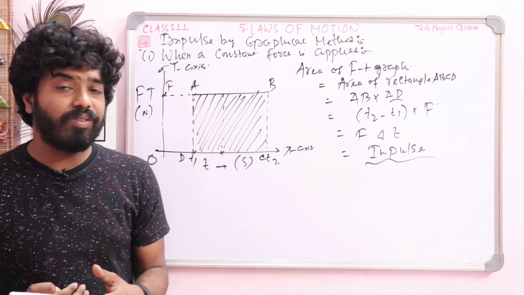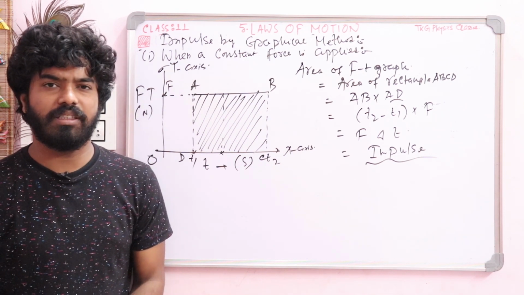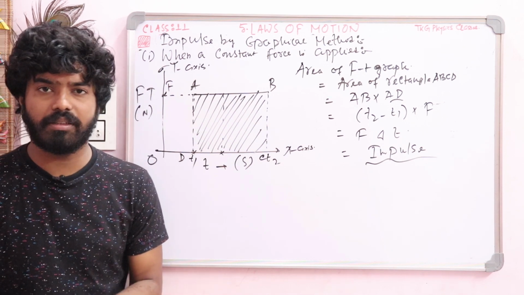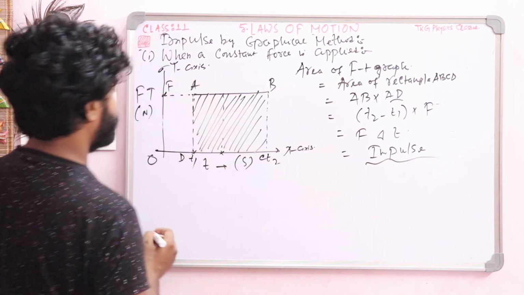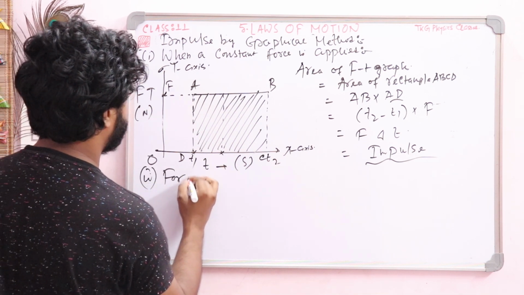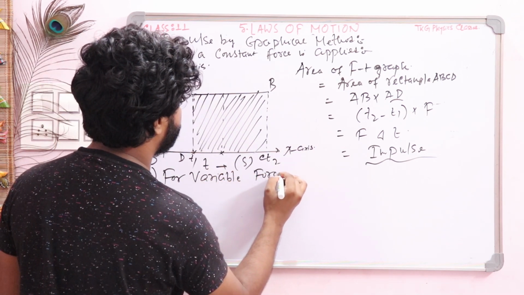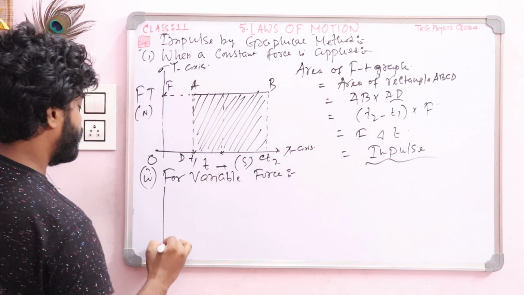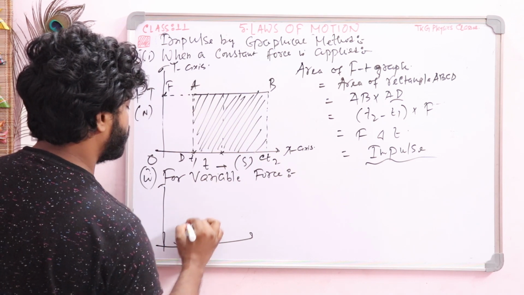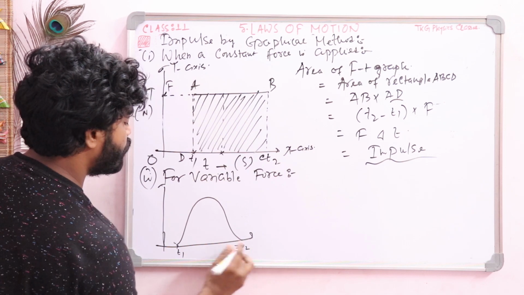Now the question is, when a variable force is applied on a body, how do we find the impulse? There is no condition that a constant force is always applied on a body. It may be variable. So our second condition, write it: for a variable force, the graph will look like this. Suppose this point is t1, this point is t2.